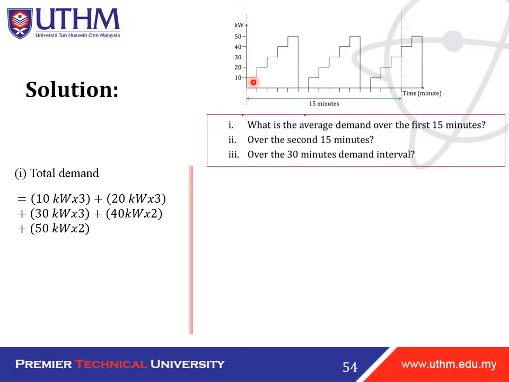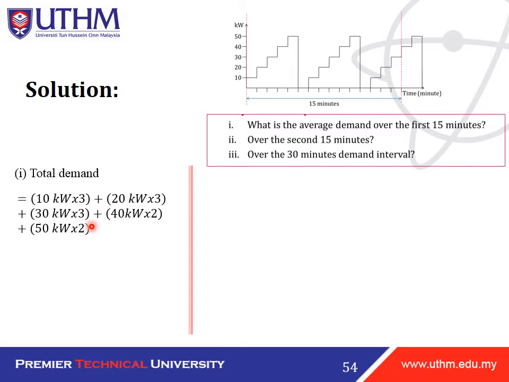From the graph, we have 10 kilowatt hours 3 times here, and then 20 kilowatt hour and also 30 kilowatt hour we have 3 times under the graph.